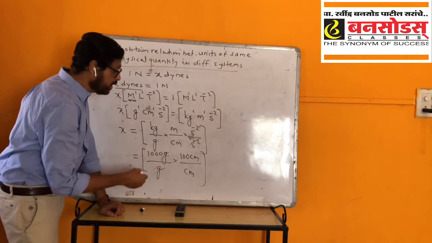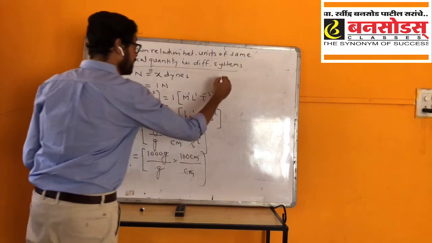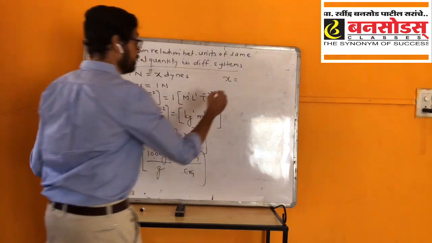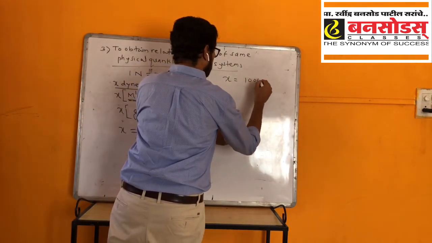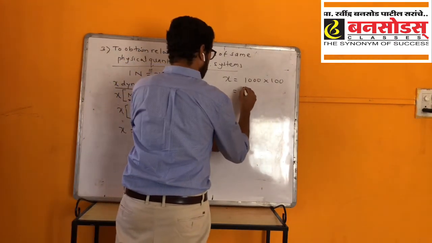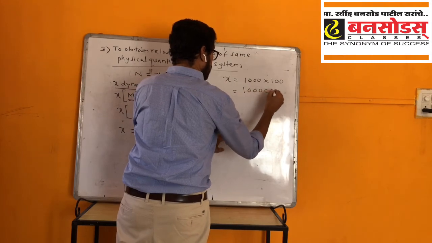This g, cm, cm gets cancelled. What remains? x is equal to 1000 into 100. 1000 into 100, that is equal to, how many zeros after the one? 1 2 3 4 5.